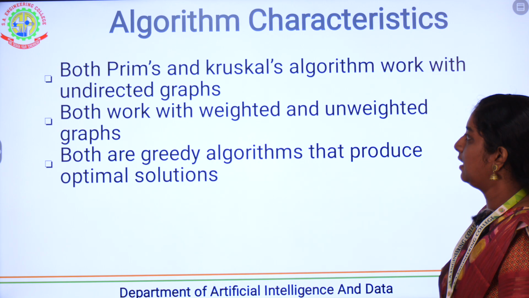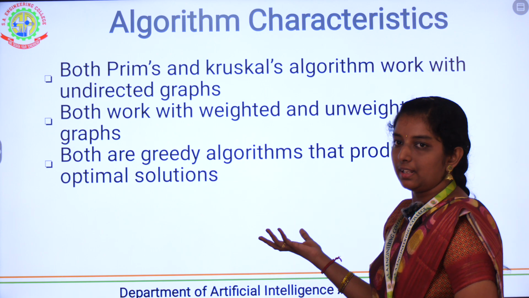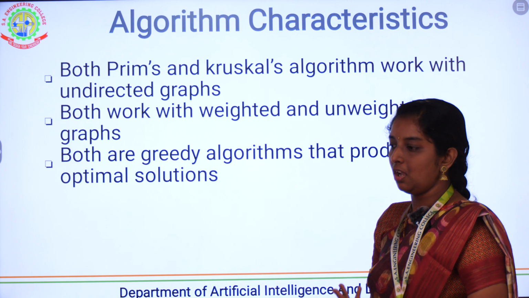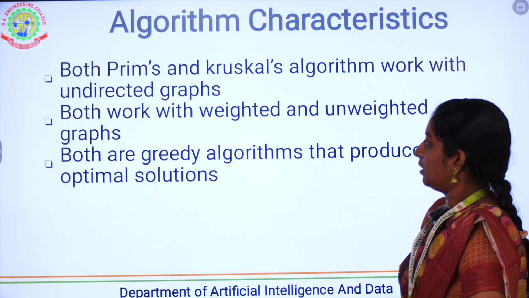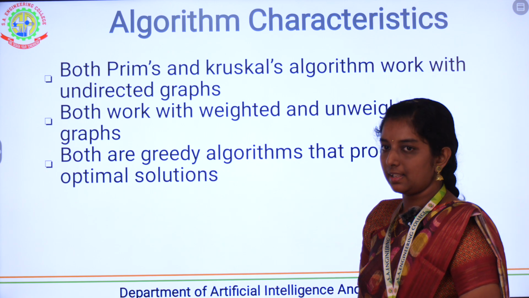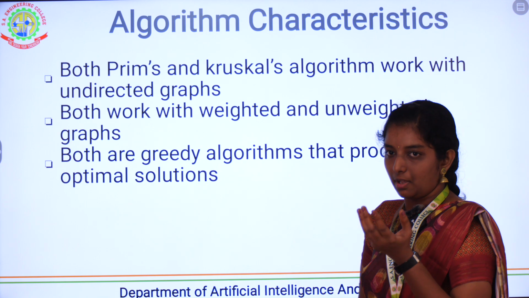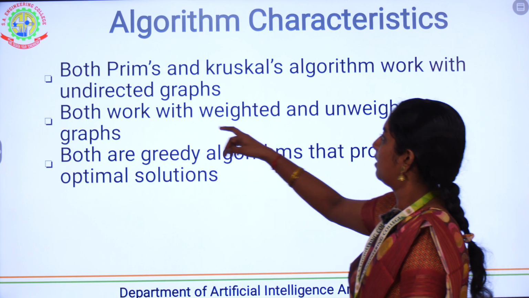Algorithm characteristics. In this concept, both can be involved in greedy techniques. Greedy techniques means it decides what the algorithmic step should do at each step, mainly under the minimum spanning tree, to find the minimum weighted value for each step.